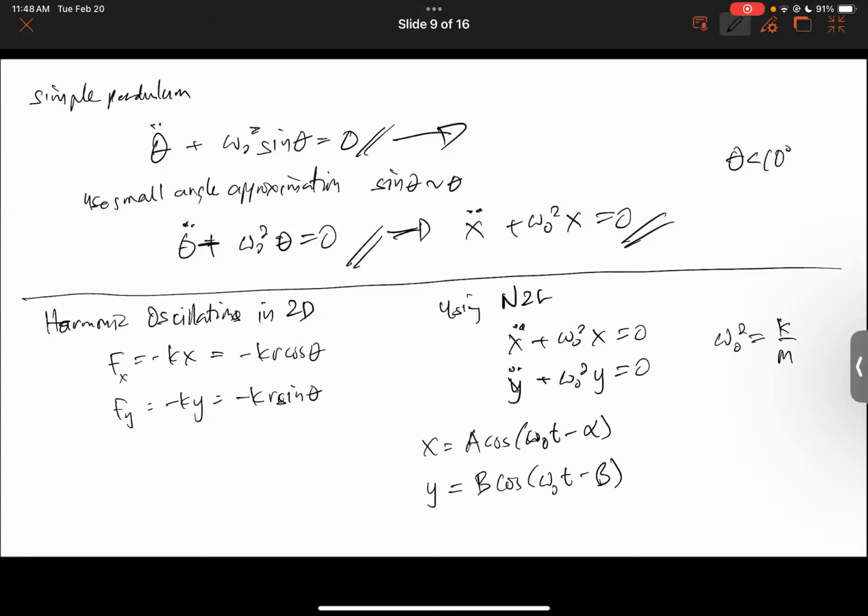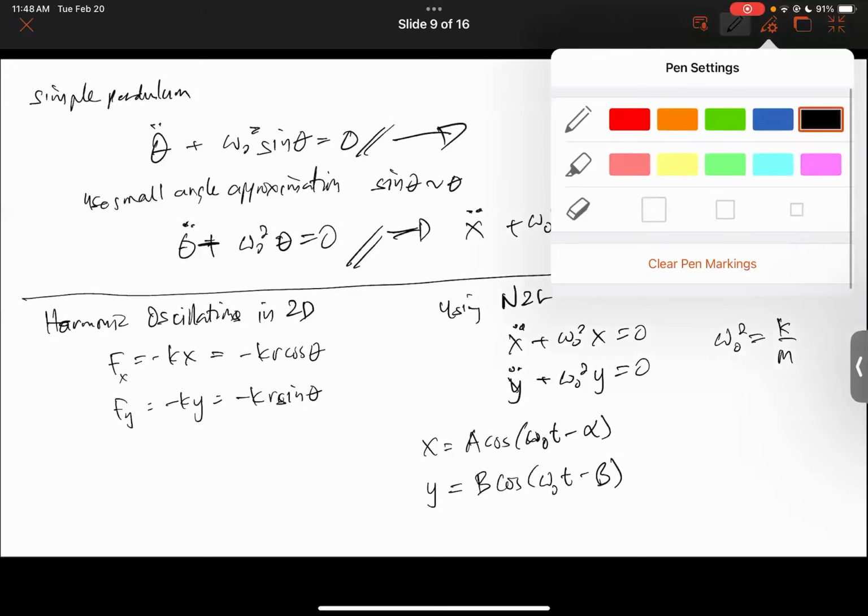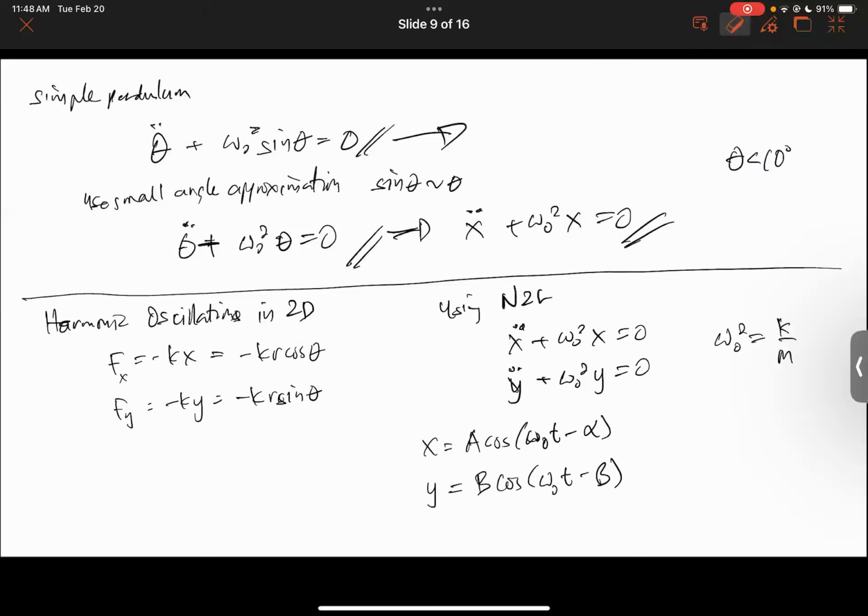But we want to get a solution that is compact and maybe independent of time. We want to remove the omega naught t, or the time dependence. So we'll do some mathematical trick.